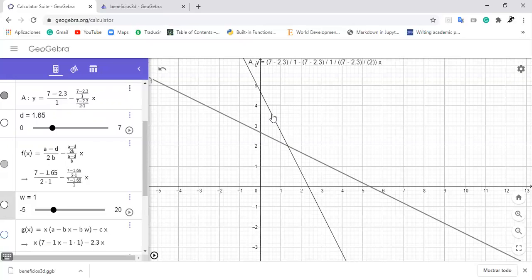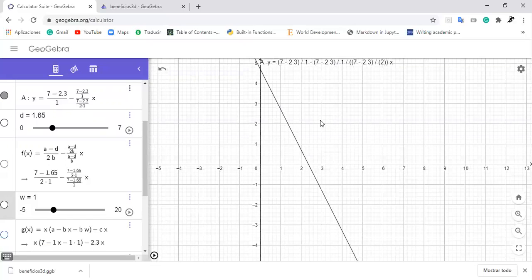For example, for the first firm, we have this reaction function. And in this case, if the firm number 2 is going to produce 3 units of some good, the firm number 1 should produce something less than 1 unit. Something less than 1 unit in order to maximize their profits. Okay, so let me give you another example.